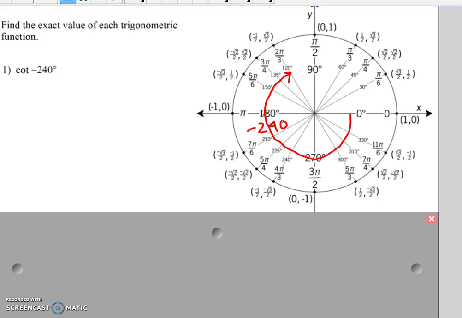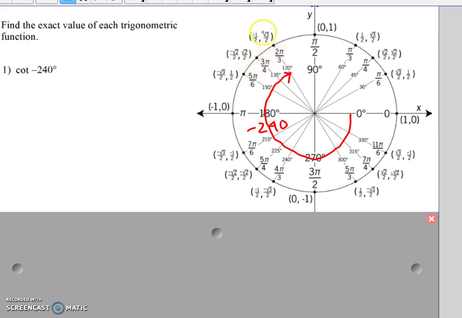If you're unsure, remember that going in a positive degree, 240 is halfway around and then 1, 2, 3 marks over. So going negative, we're going halfway around, and then 1, 2, 3.